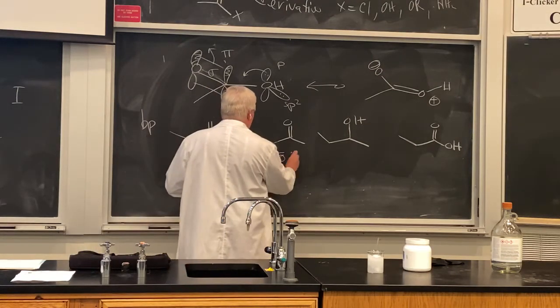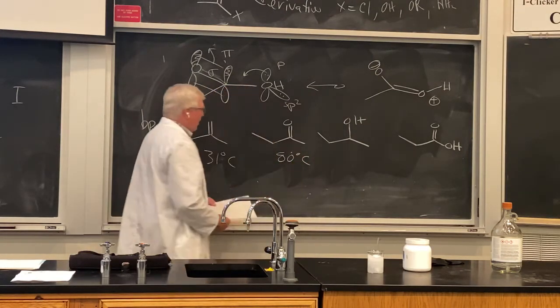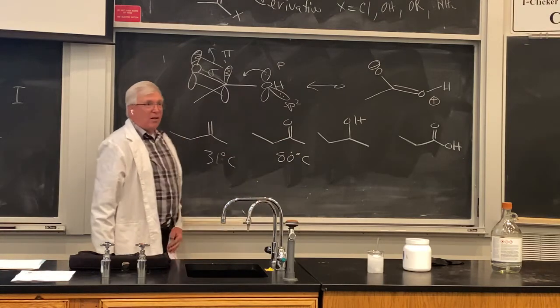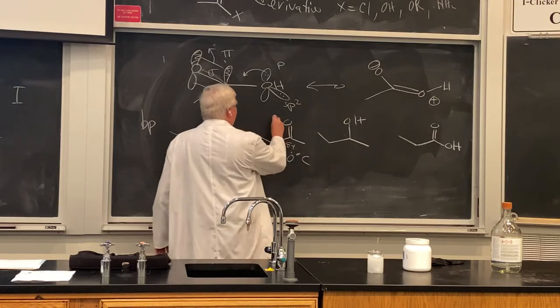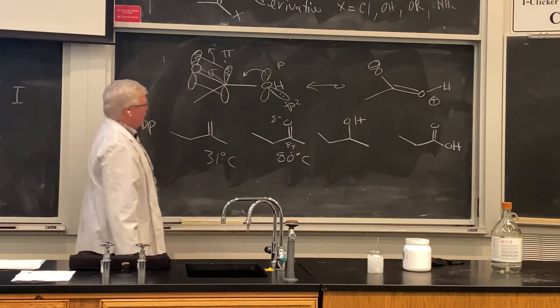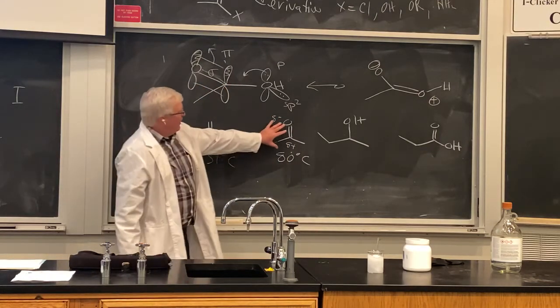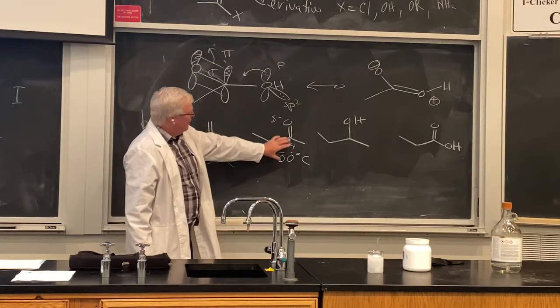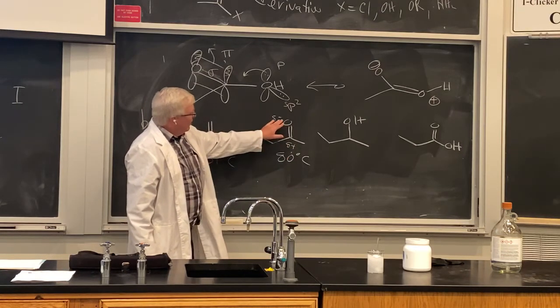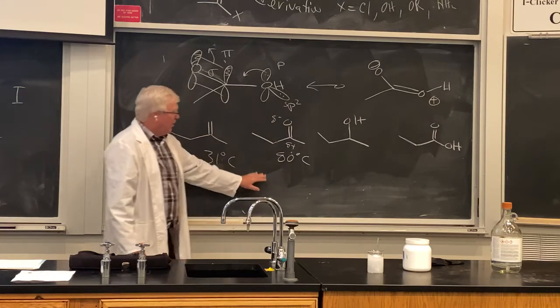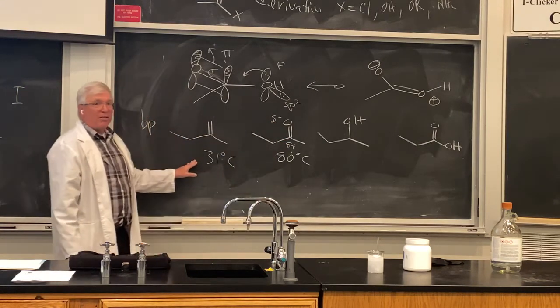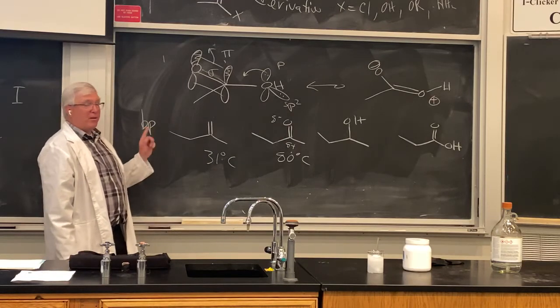Comparable molecular weight, 80 degrees C. Right, we have a polar covalent bond there. We have a partial positive end, partial negative end, okay? So in the condensed phase and the liquid phase, the partial positive end can get close to the partial negative end and have stronger intermolecular forces that require more energy to break those up and to vaporize that, make it boil.